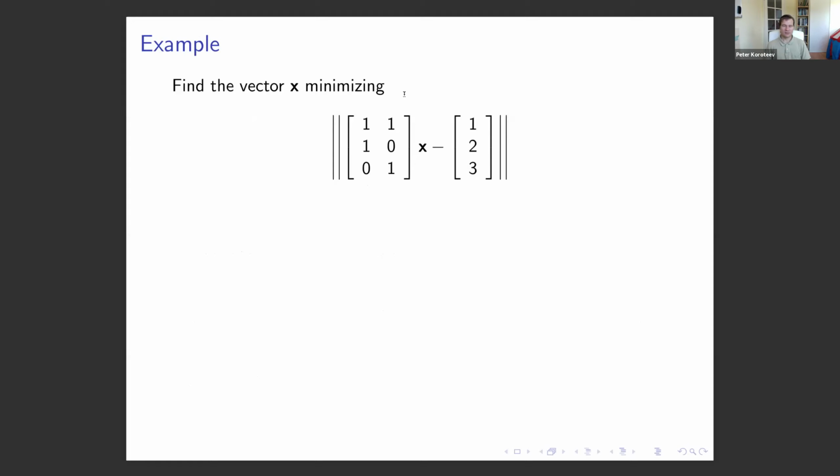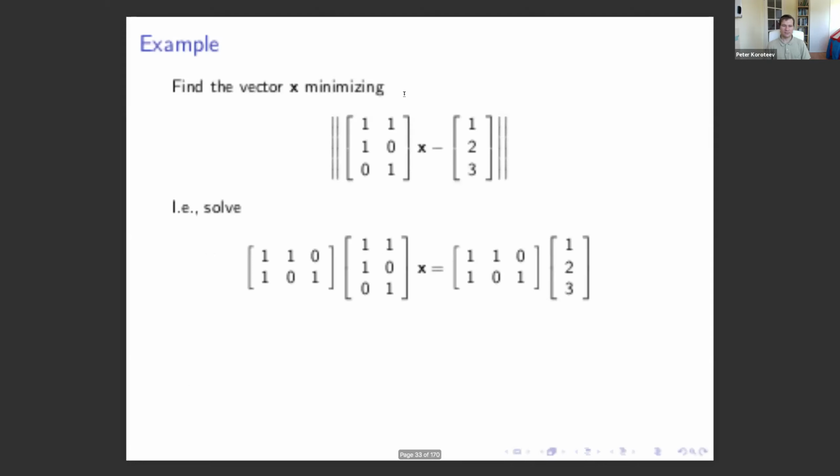We have a 3x2 matrix with rows (1, 1), (1, 0), (0, 1), times x, equals the vector (1, 2, 3).